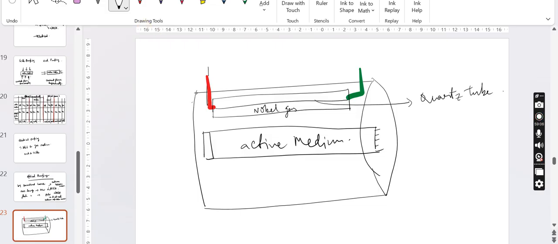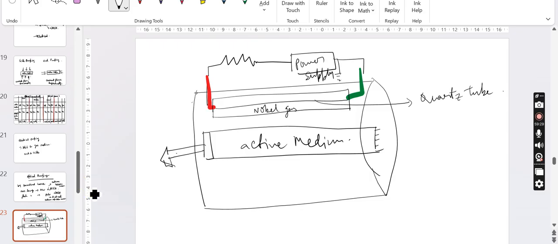So the resistance is added in parallel. This is the power supply. And the laser beam is coupled out in this direction.